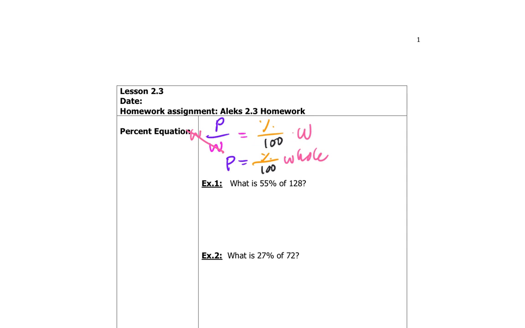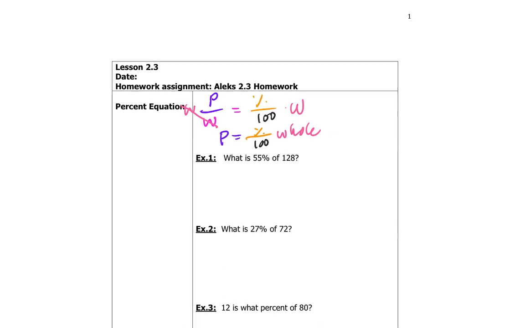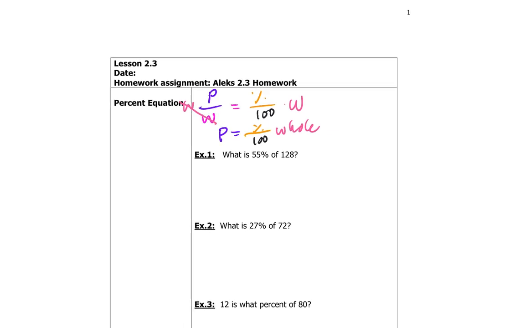So now we're just going to go back to what we were doing before. Let's take these first three and label the part, the whole, and the percent. Circle it, label it, and then let's set up the equation. Pause, circle and label, and we'll go from there.